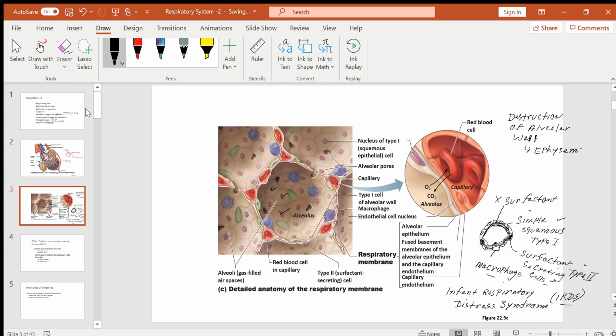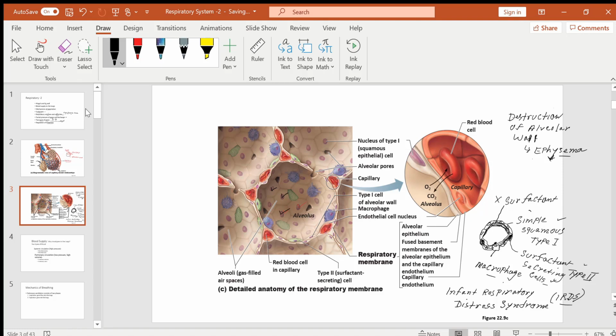Okay, so the total surface area of the alveoli would be less than in a normal person. So gas exchange will be less, so the person will suffer from shortness of breath and other complications. Less gas exchange will occur because of the destruction of the alveolar wall.